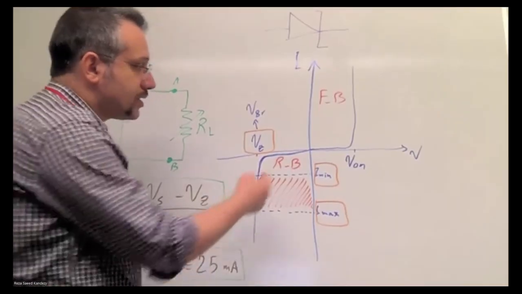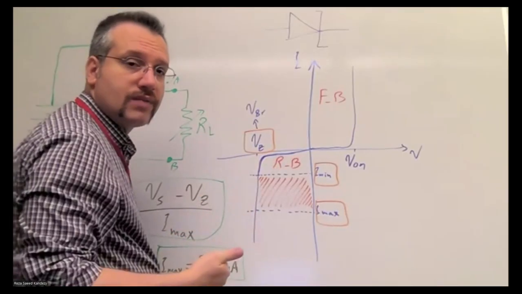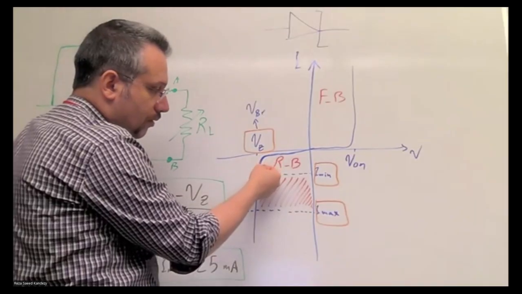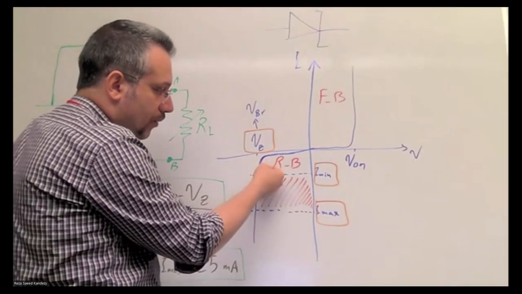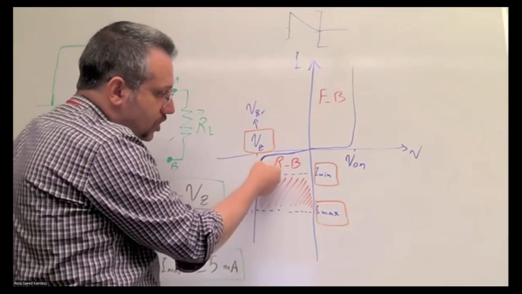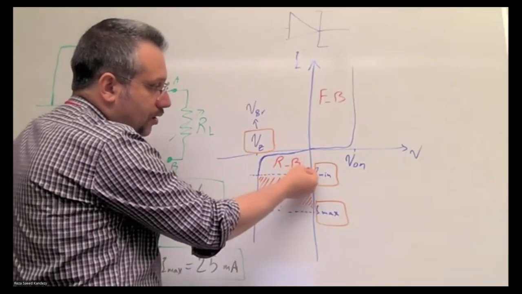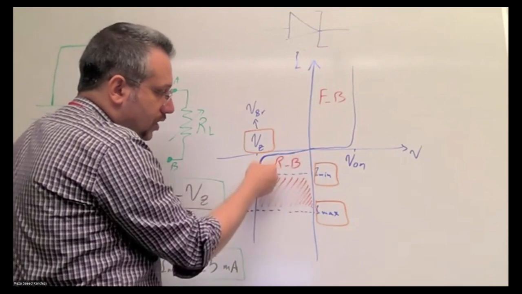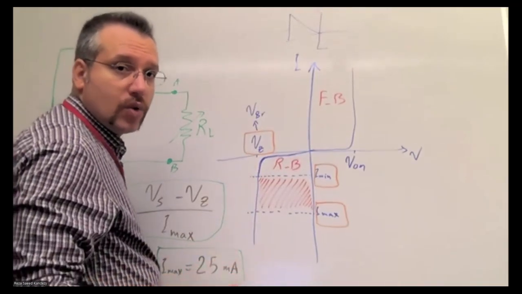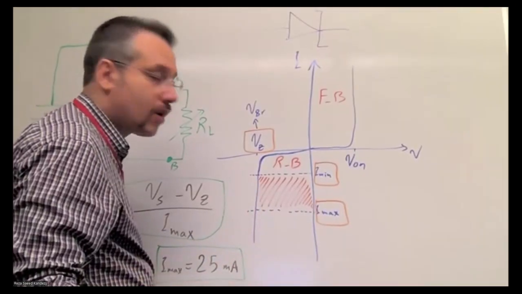Now, as you can see, the curve of reverse bias, similar to the forward bias that we discussed, has an exponential kind of behavior. Okay, so there is a knee here. Around the knee, the change in the voltage with respect to the change in the current is quite large, and basically that means we don't get a constant voltage, which is the main goal of using the Zener diode.